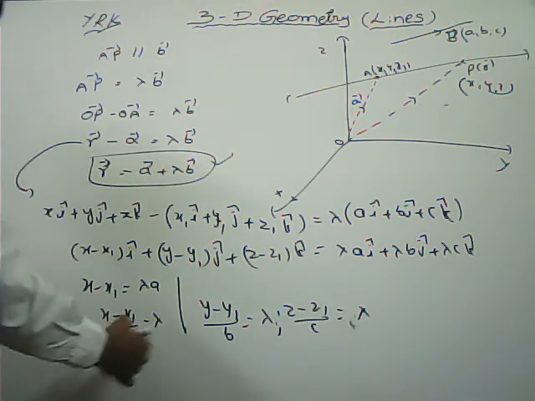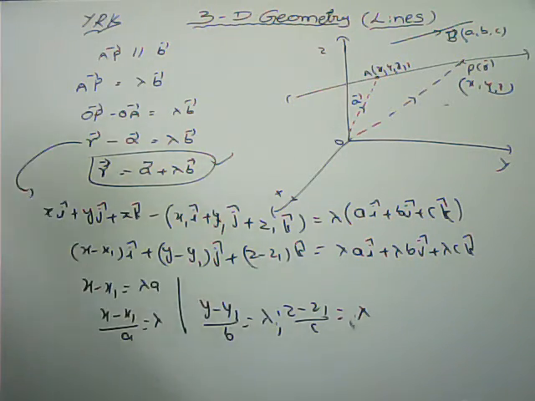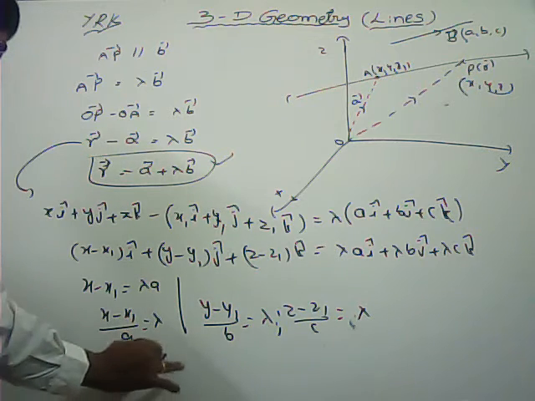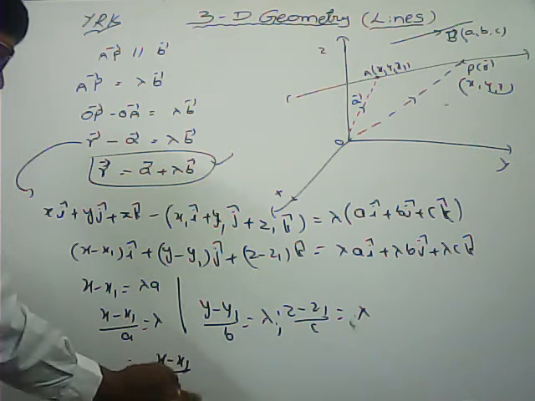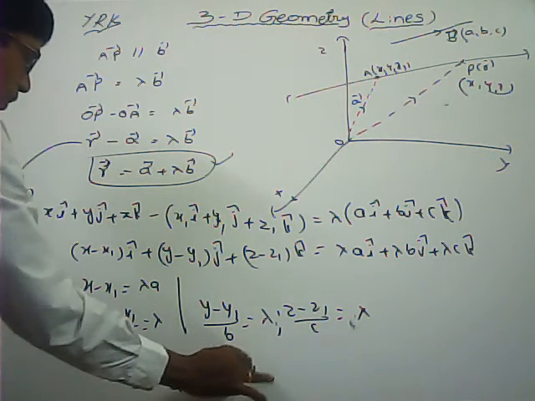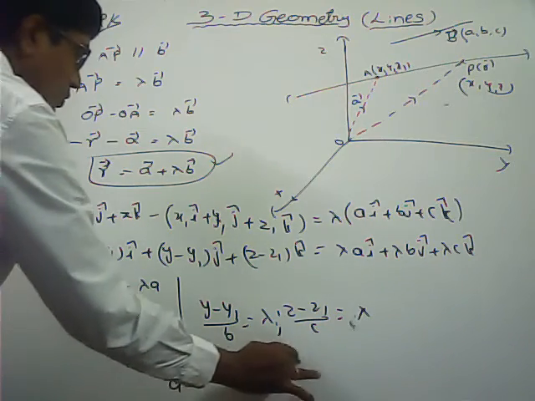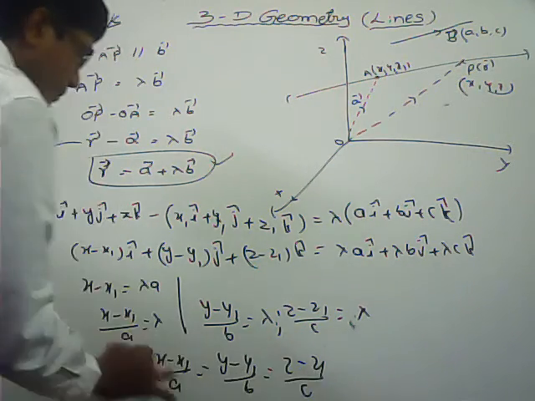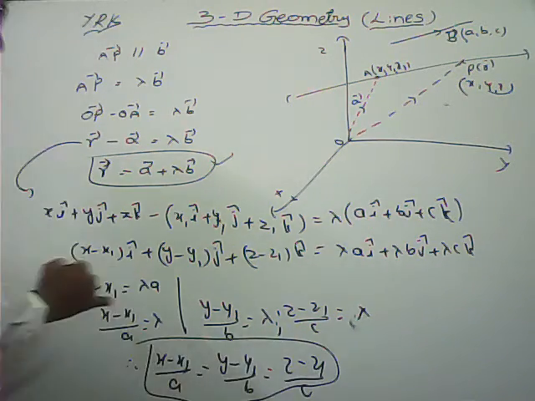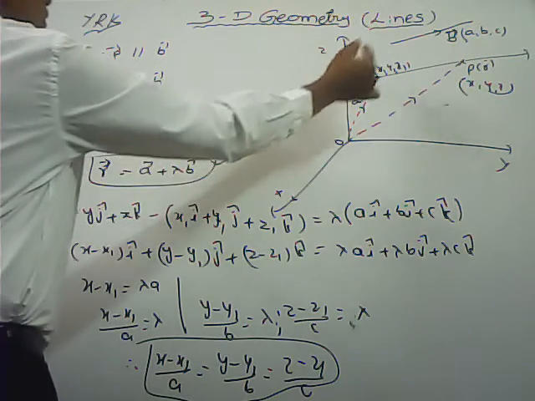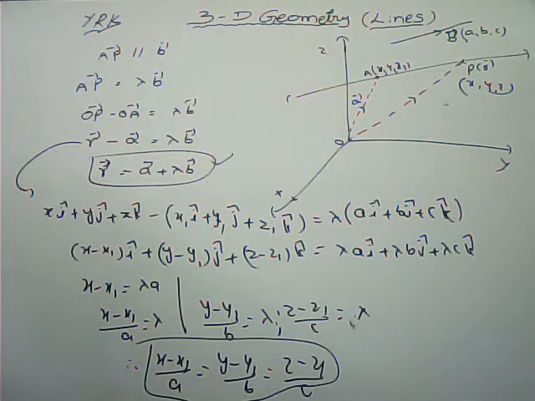So everything is equal to lambda only. Therefore, x minus x1 by a is equal to y minus y1 by b is equal to z minus z1 by c. This is the equation of the line passing through the point x1, y1, z1 and parallel to the vector a i cap plus b j cap plus c k cap, the vector b bar otherwise.